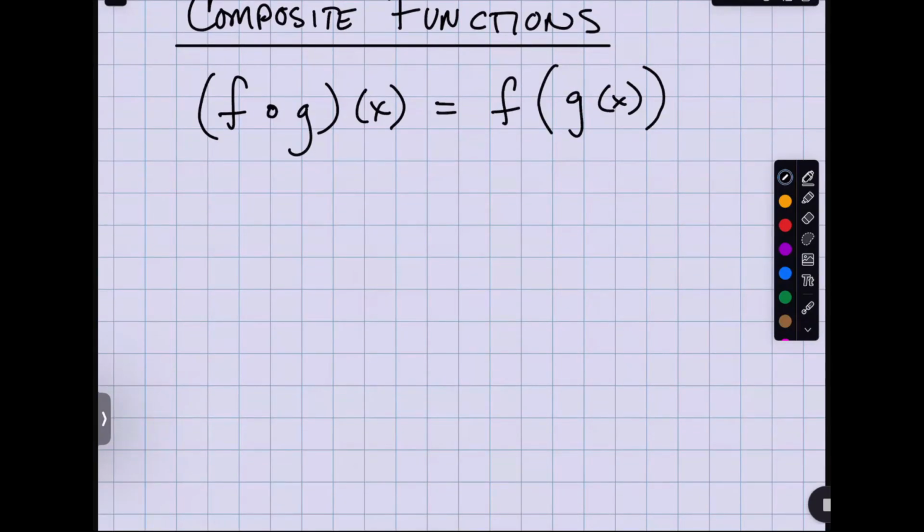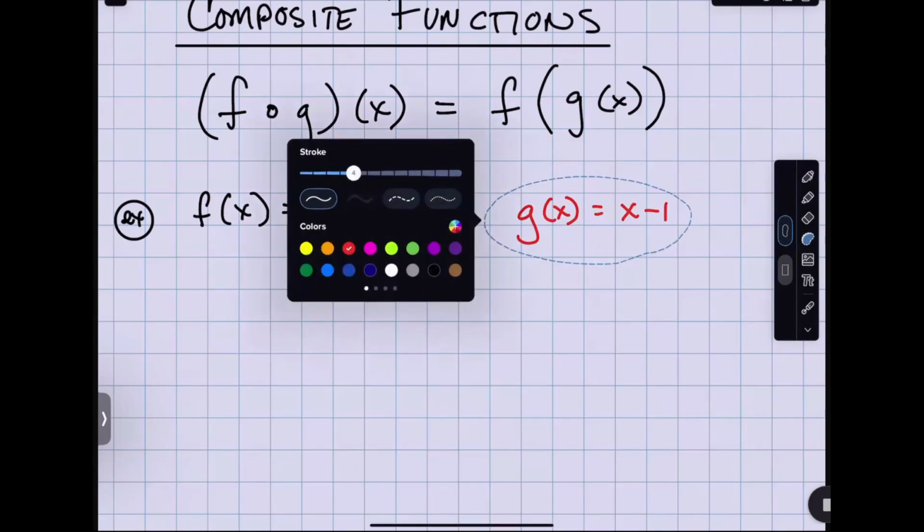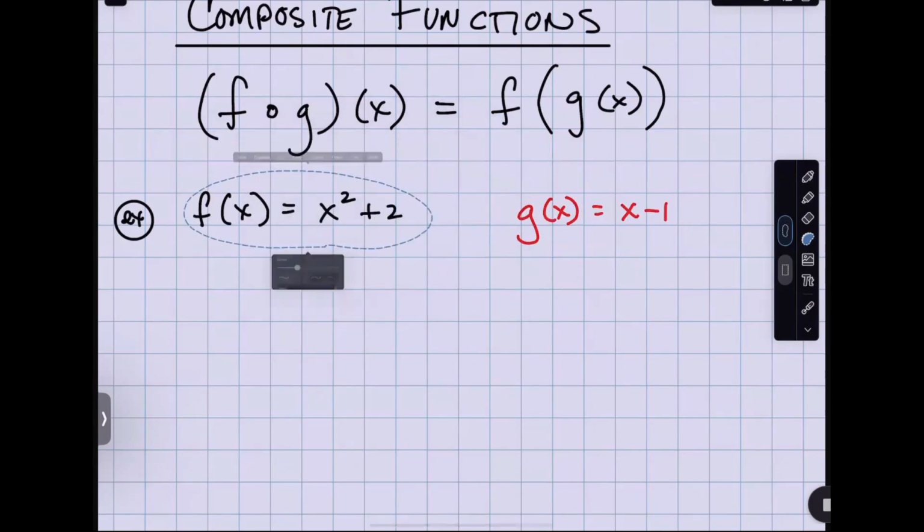So let's say, for example, I give you two functions. Let's say f of x is x squared plus 2, and g of x is x minus 1. Actually, I'm going to do one of the combinations and one composite, okay?